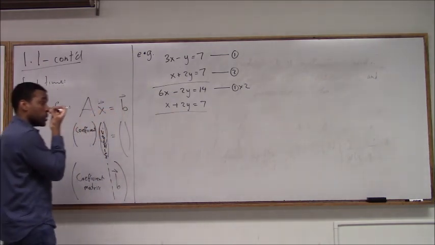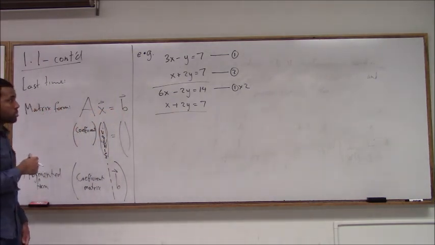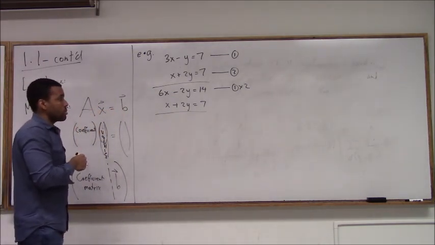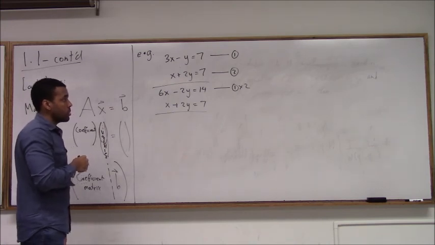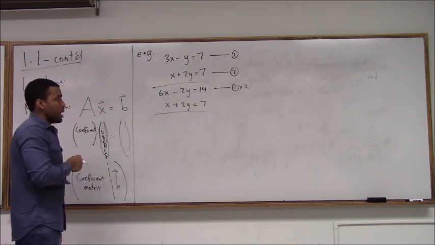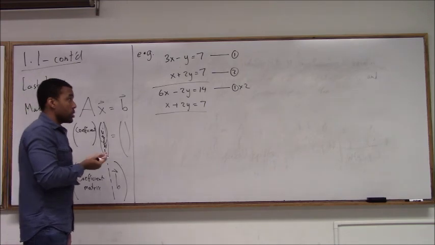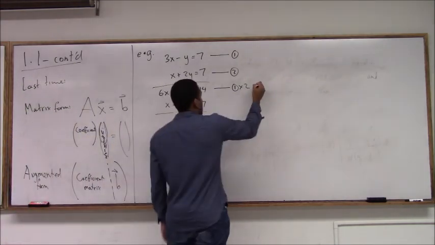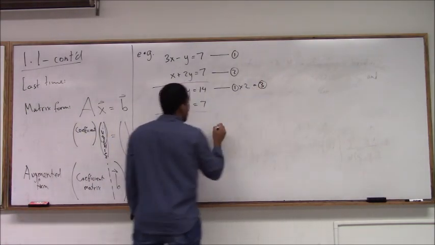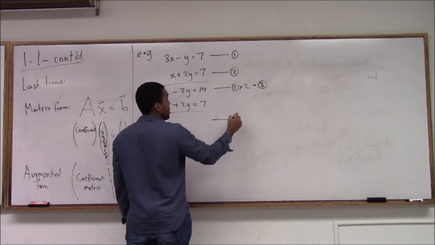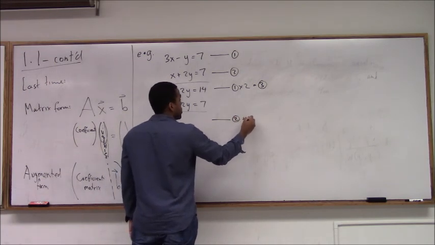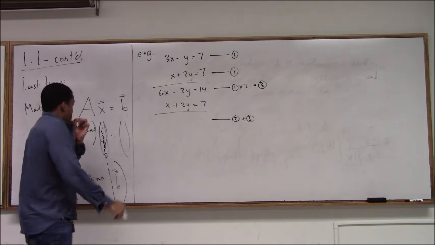And then what could we do here? How would you do that? You can add the equations, right? If I call this a new equation 3, what I could have done was take 2 and add it to 3. And that would give me what?